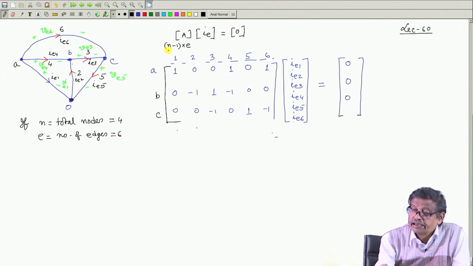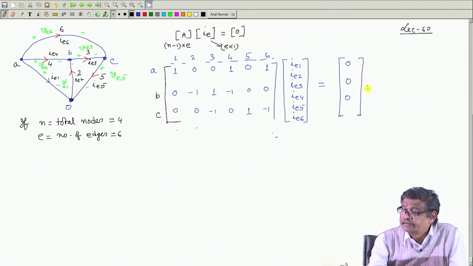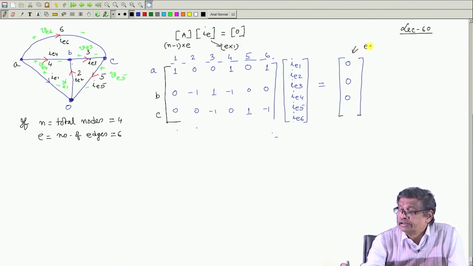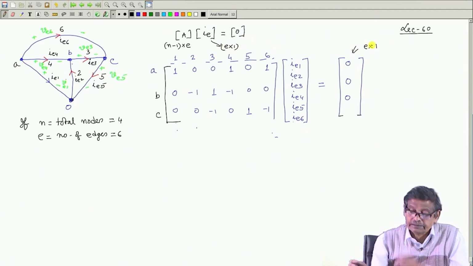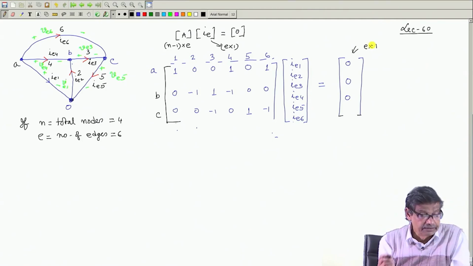So, it will be an (n minus 1) by E matrix, and the IE matrix will be E by 1, a column matrix. On the right hand side you also have a column matrix, is it not?